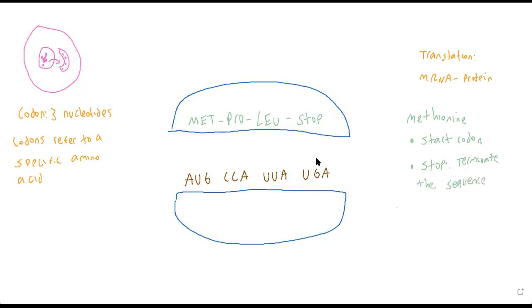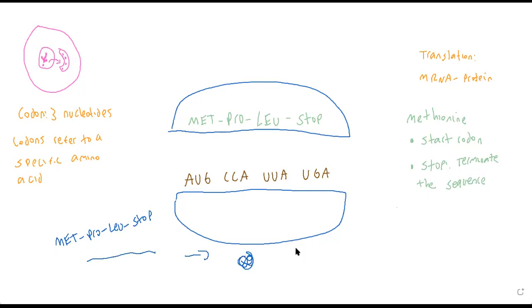Now what's going to happen here is that as soon as the sequence is terminated, this amino acid chain is going to be allowed to do something called fold. Think of it like the amino acids are going to talk to each other, and they are going to decide what shape to turn into. So it's going to start out with a long chain, and then it's going to fold in a certain way.